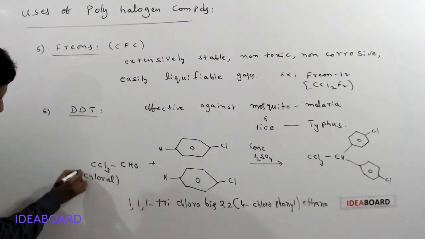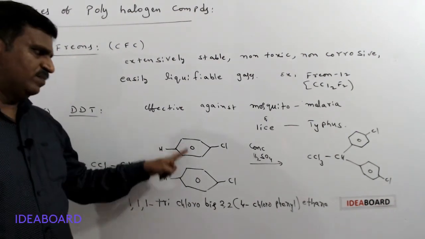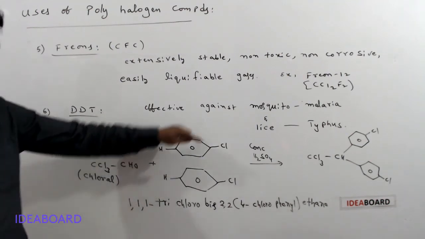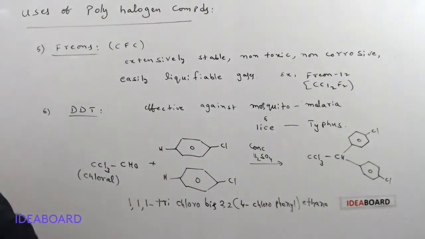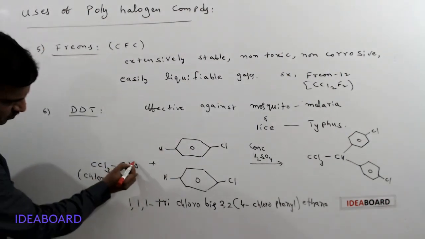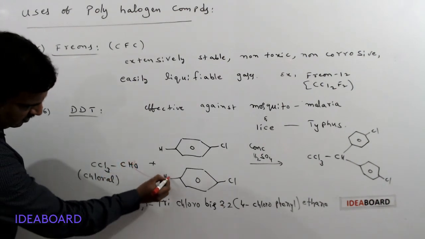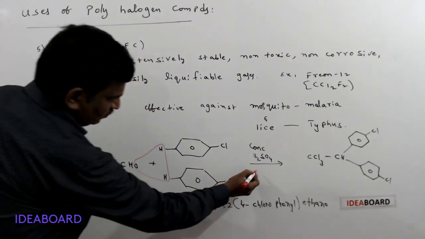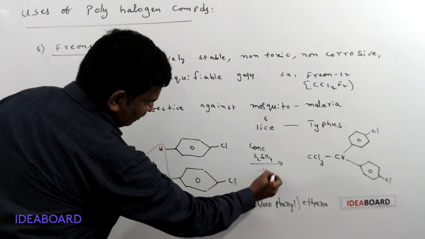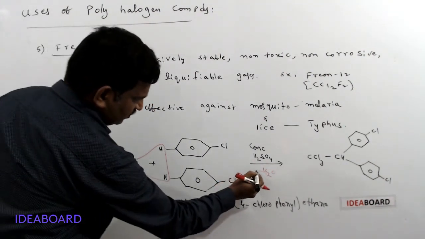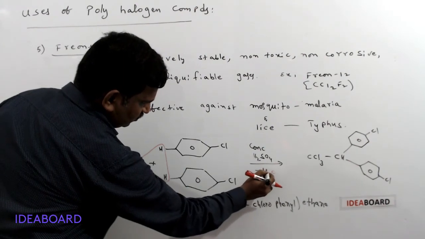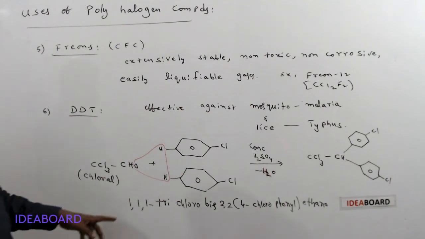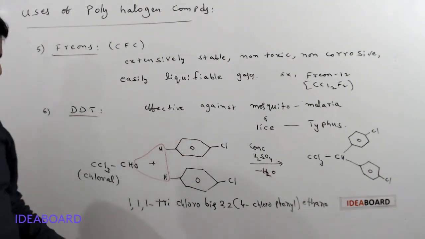This chloral reacts with chlorobenzene. This is called chlorobenzene. Two molecules of chlorobenzene in the presence of concentrated sulfuric acid, and here the O and here the H and here the H are removed. Minus H2O. By minus H2O, finally, we are getting DDT, diphenyltrichloroethane.